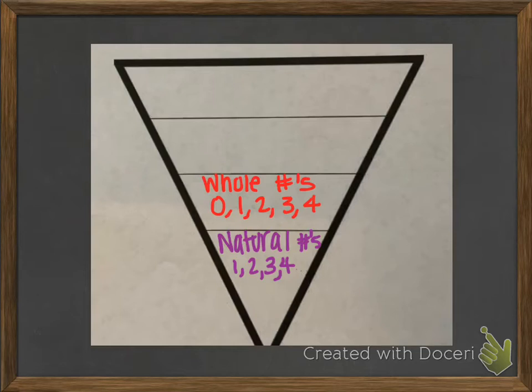After whole numbers, we have integers. Now, your integers are going to be 0, and then they are going to be your whole numbers and your opposites. When we say opposite, remember we mean the opposite of 5 would be -5.